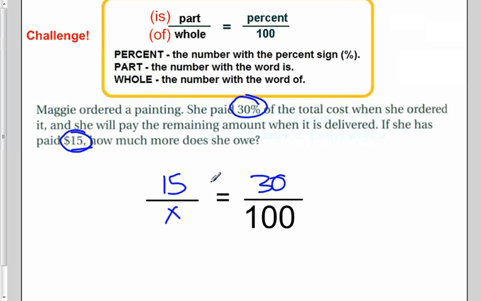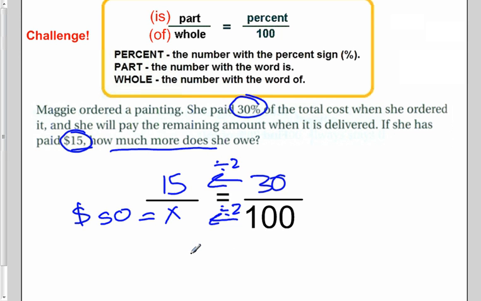So we can do a side-to-side relationship here as well. From 30 to 15 is divide by 2, so we will divide by 2 here as well. So it looks like she owes $50 total. She's paid 15. We would have to really look at what the question asks. How much more does she owe, not what does she owe total?